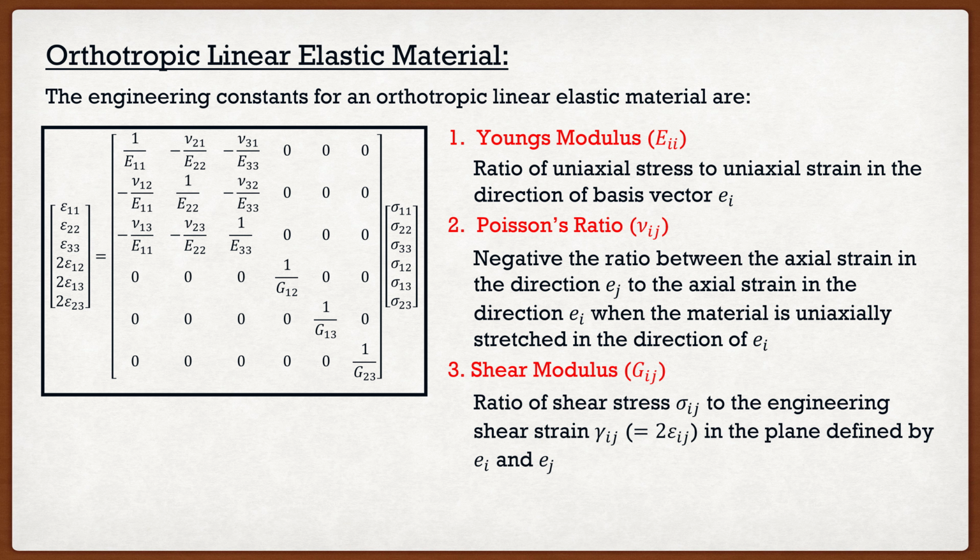Finally, we have the shear modulus down there, which is the ratio of shear stress, sigma ij, to the engineering shear strain, gamma ij, in the plane defined by ei and ej. All right, so those are the components, not too bad. And if we look at the matrix, we actually see that we did something a little bit sneaky to you guys. Remember before, when we were defining these reductions, we had that stress is equal to C times strain, right?